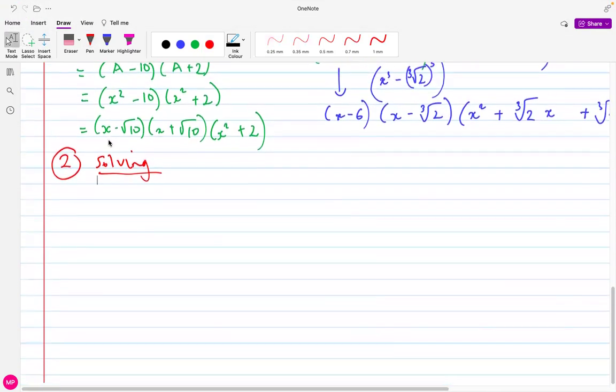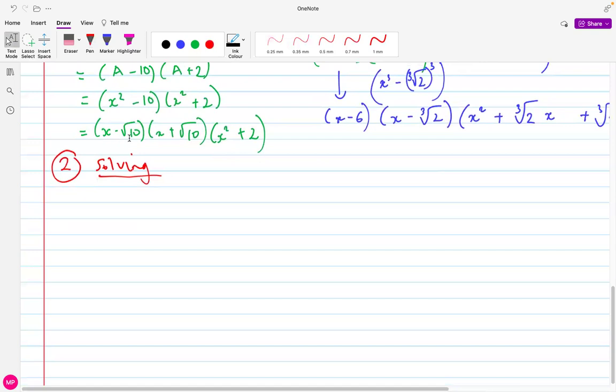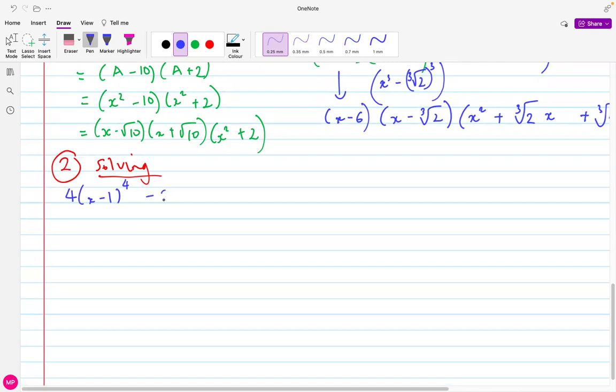Now with solving, if you have it in the turning point form, so if you have something like (4x minus 1) to the power of 4 minus 2 equals 0, and there's no other x, so if you want to solve for x here, the method for this type of question is you just move everything over and solve for x. You don't need to factorize, okay?